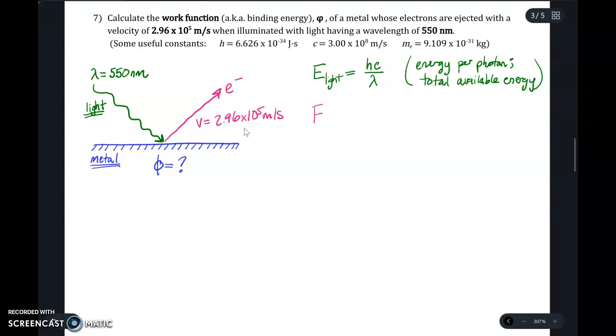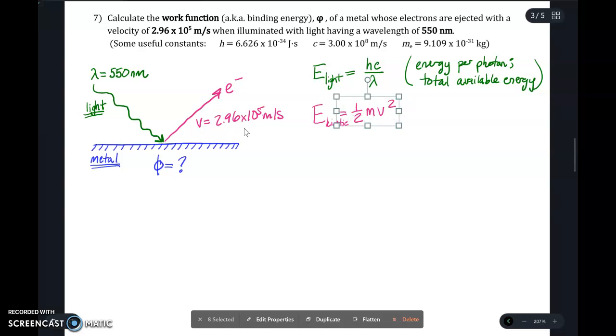To do that, we're going to use another equation that hopefully will look familiar, either from class or maybe from physics. That's this 1/2 mv squared equation. Again, I'm going to be very deliberate here about labeling the energies so we don't get confused. This is our kinetic energy.